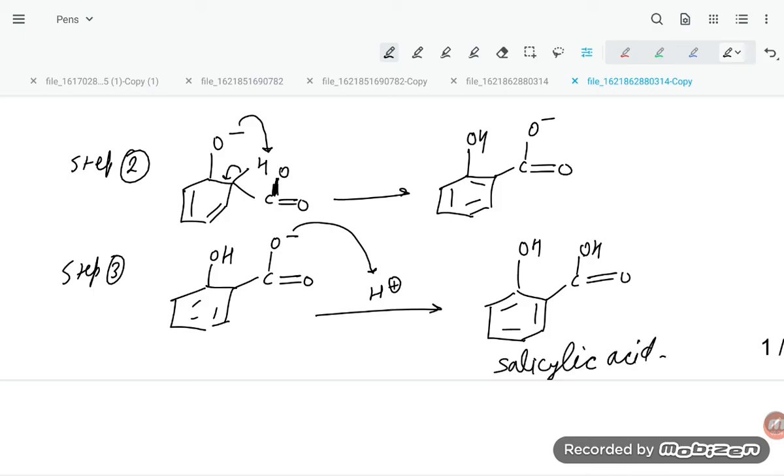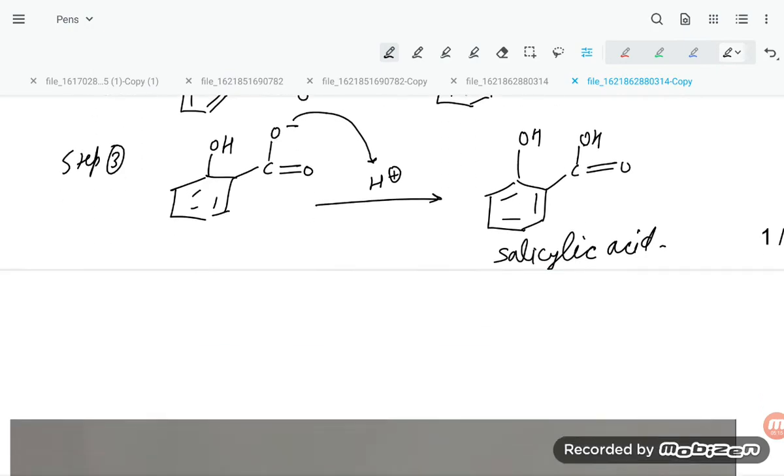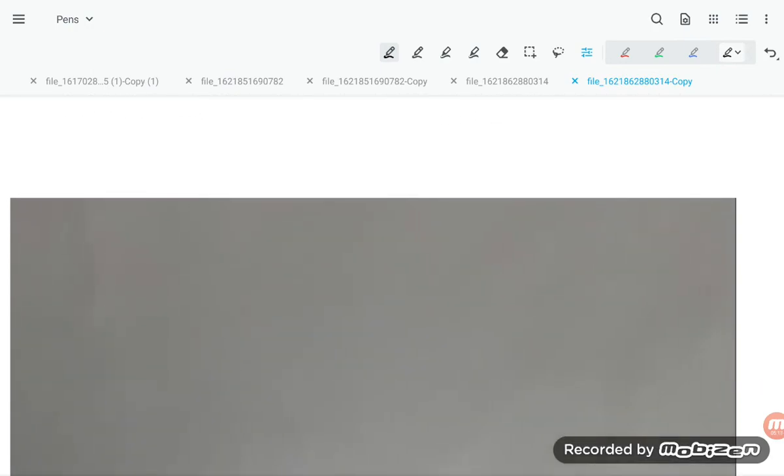That is how you can understand the reaction mechanism, dear students. Let us have a quick recap of the mechanism. First of all, the phenoxide ion is there. Let us draw the phenoxide ion again. O minus comes into the ring for resonance, so this bond is coming out.